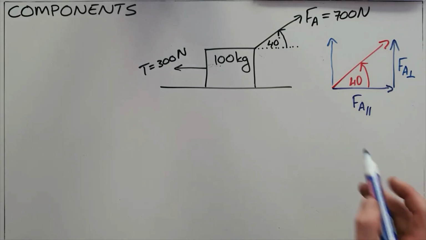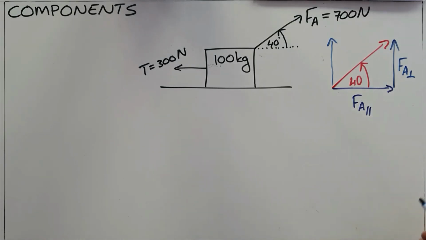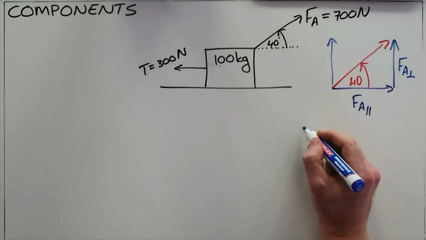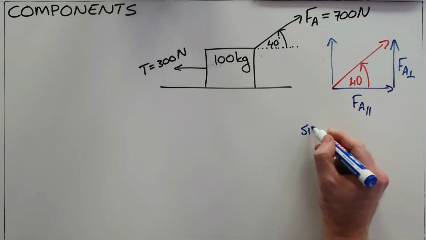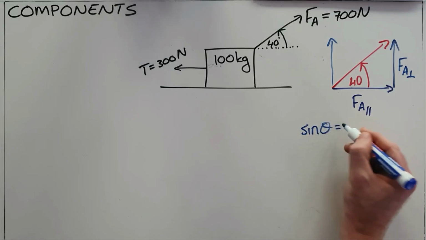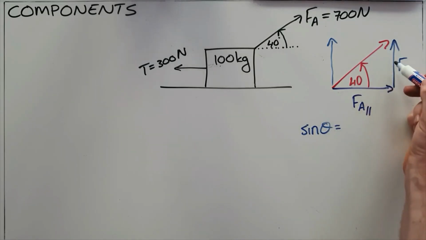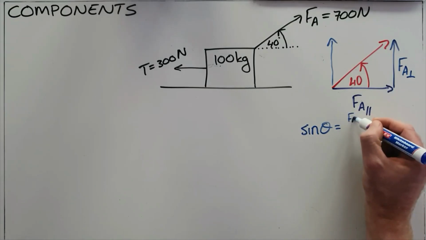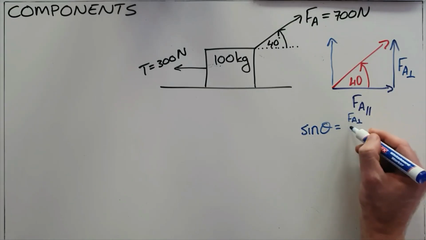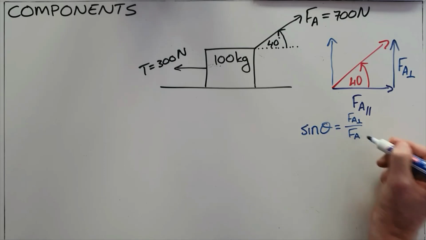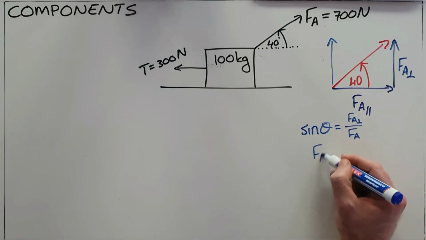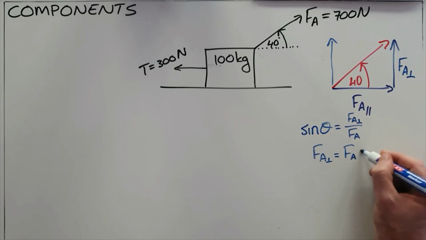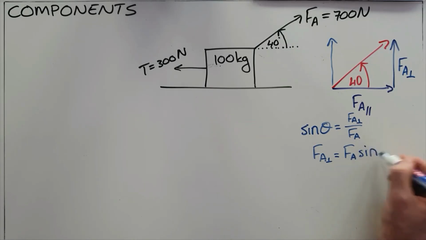We can now use trigonometry to find the values for those respective forces. We know that sine of theta is equal to the opposite side of the triangle over the hypotenuse, in this case FA perpendicular over FA, which can be rewritten as FA perpendicular equals FA sine of theta.